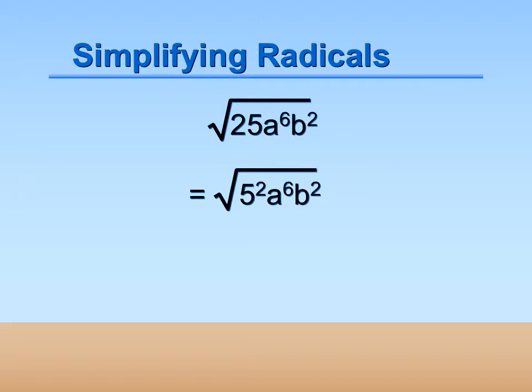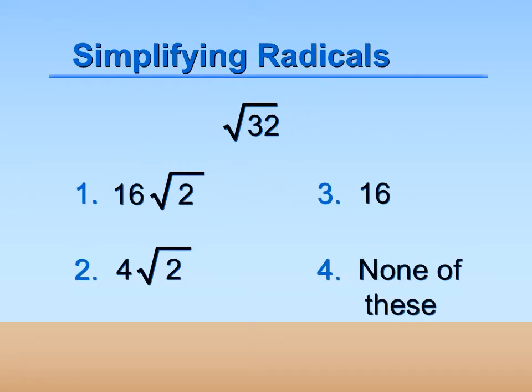A to the 6 is 3 groups of a to the 2nd, right? A to the 2nd times a to the 2nd times a to the 2nd. So that means we're going to pull a to the 3rd power out. And then we have b to the 2nd, which means that we can pull a b out.